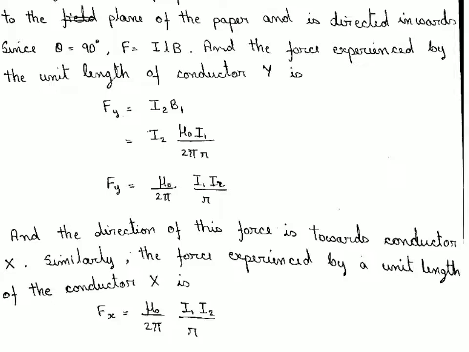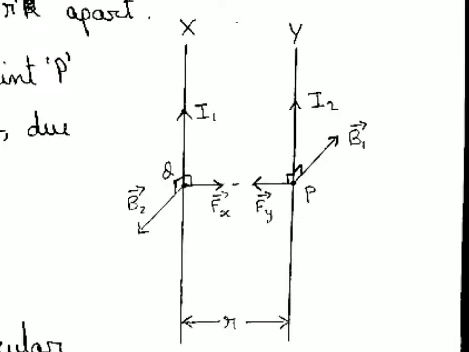And for the direction, again we put our fingers in the direction of I1, and B2 is outwards, perpendicular to the paper.